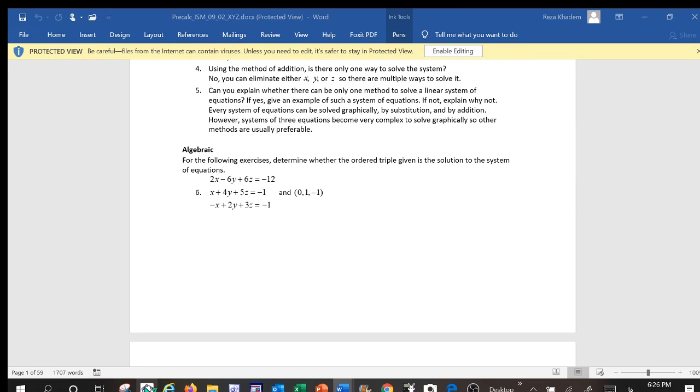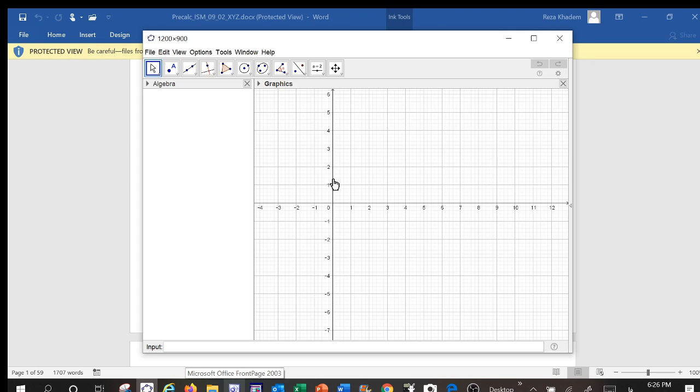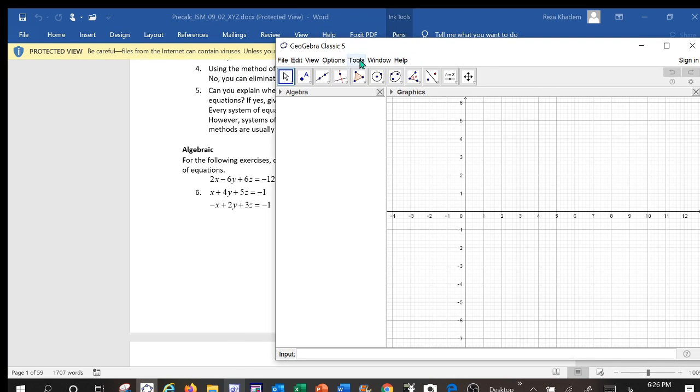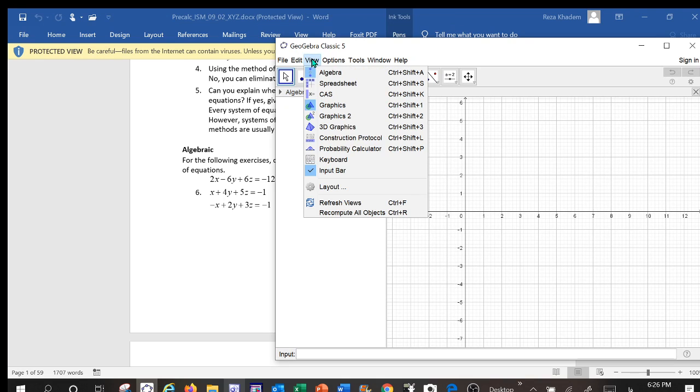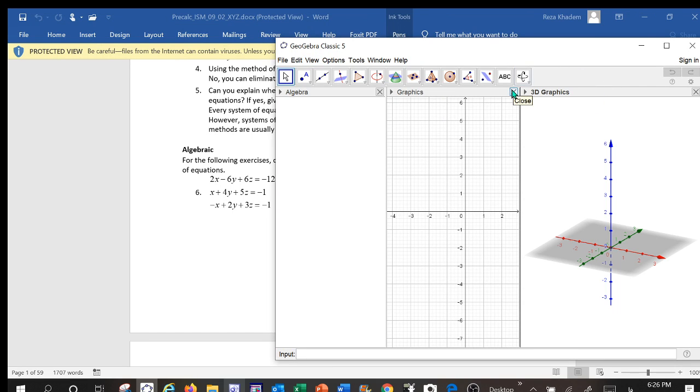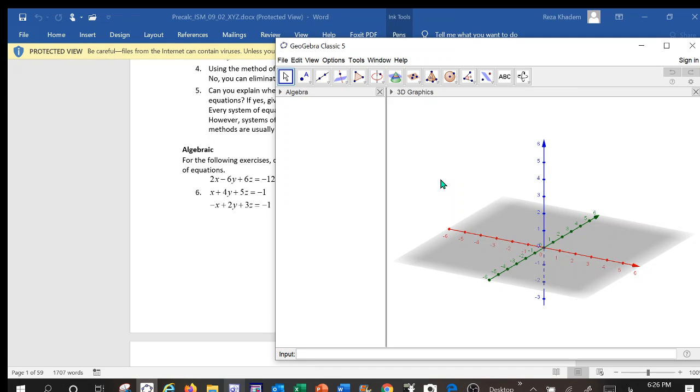So let me use GeoGebra and graph this in 3D. With GeoGebra, you can graph in 3D if you change the view to 3D. You should get the 3D view, see? And then I'm going to put the equations here.